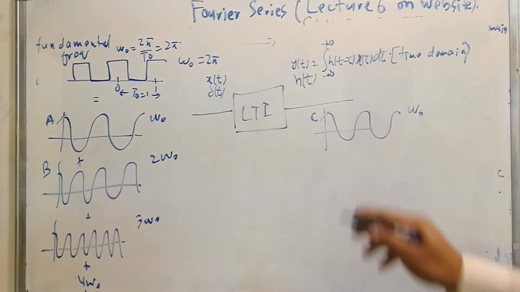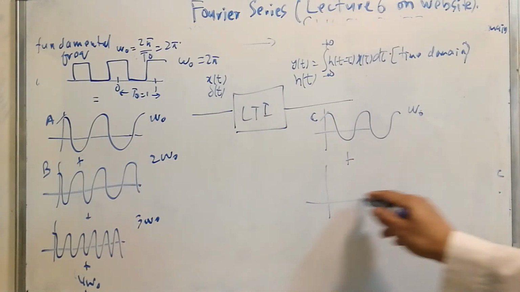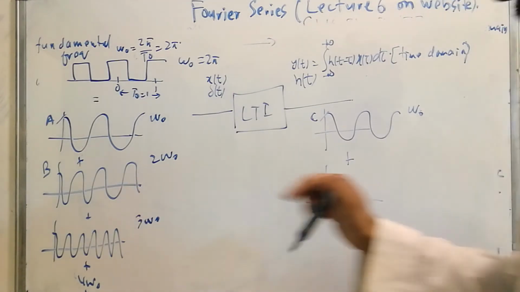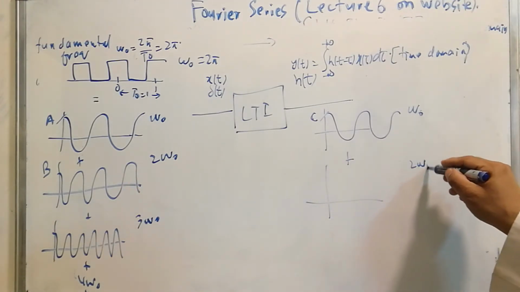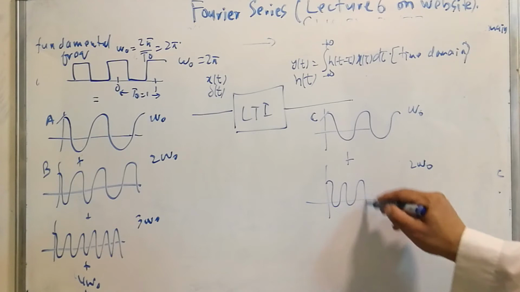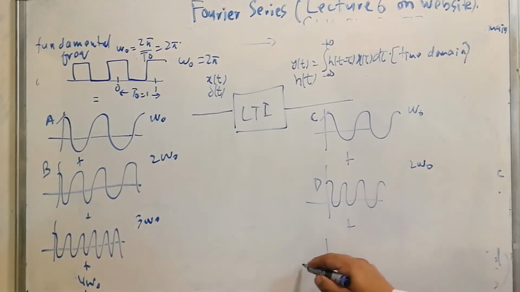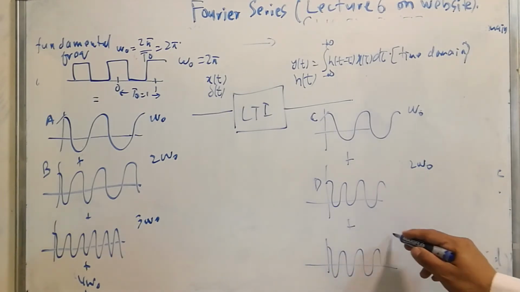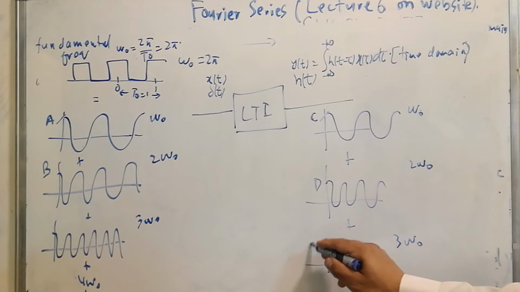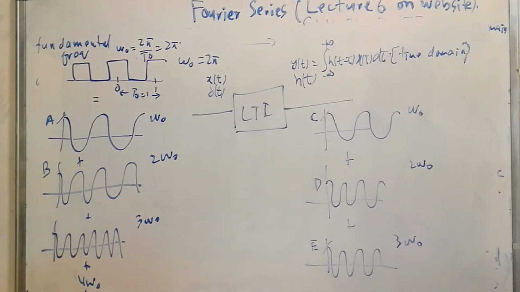For example, here it is C. If the input is 2 omega naught, the output is also 2 omega naught with another amplitude. And if the input is 3 omega naught cosine, the output is also 3 omega naught cosine with another amplitude.